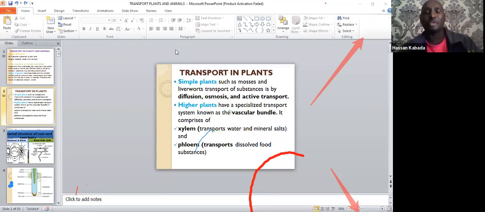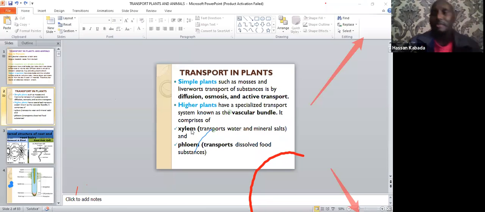So anytime you talk about transport in plants, be it water or food materials, we talk of vascular bundles or vascular tissues. Then we have xylem. Xylem transports water and mineral salts.